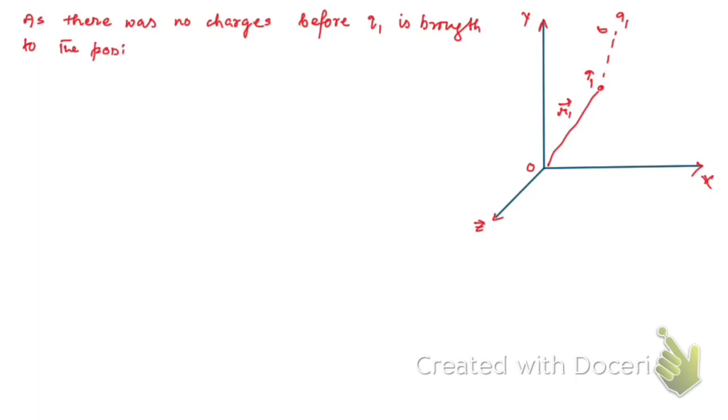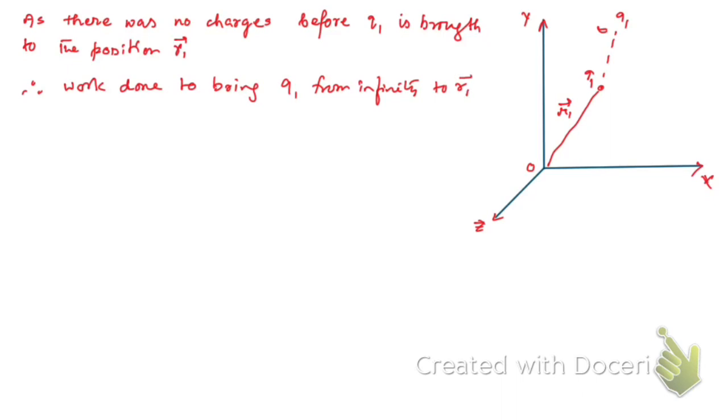So as there was no charge before Q1 is brought to the position R1, therefore the work done to bring Q1 from infinity to R1 is W1 is equal to 0, right?